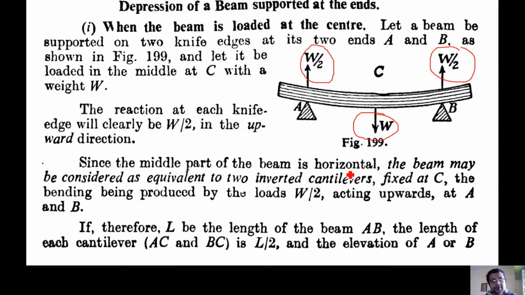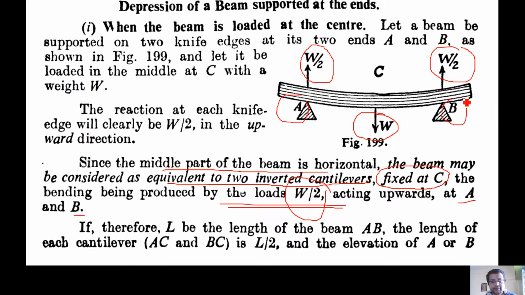The middle part of the beam is horizontal here, and the beam may be considered equivalent to two inverted cantilevers. This is divided into two parts, AC and BC equally, and they produce this bending because of the loads W by 2 acting upwards at the positions A and B.